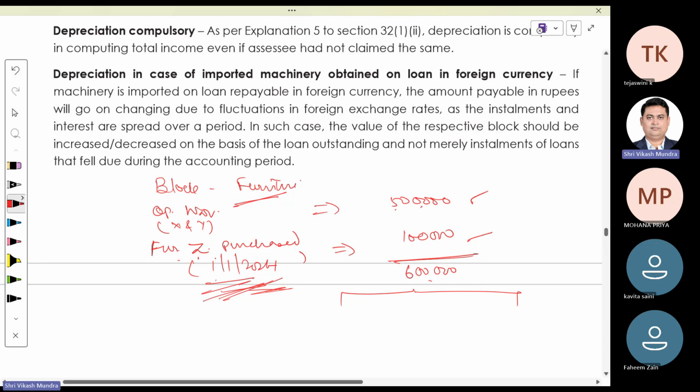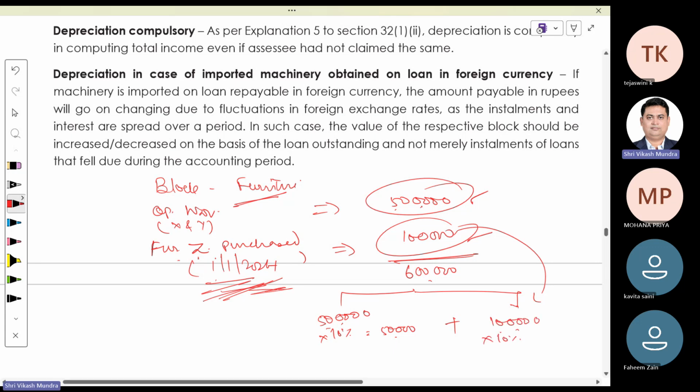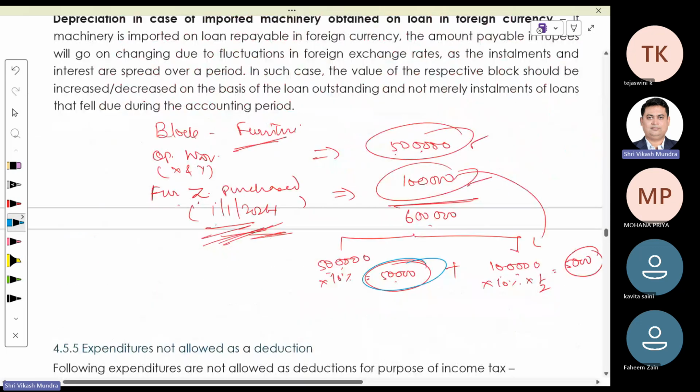On this value, we shall charge depreciation at full rate of 10%, which comes to 50,000. And on this value, we shall charge depreciation at 10% into half, which comes to rupees 5,000. So altogether, the amount of depreciation available for us is rupees 50,000 plus 5,000, which is 55,000. Done?